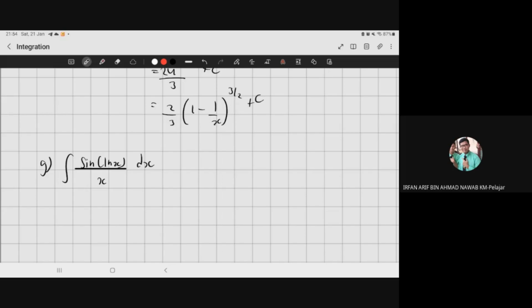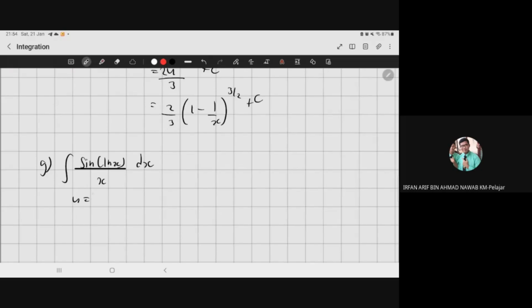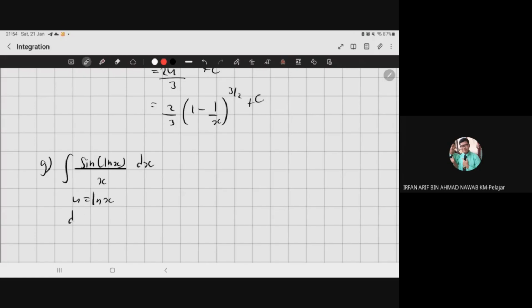All right, so let me show you. How do we solve it? You see it right away: ln of x. So when you substitute, u is equal to ln of x. Then you differentiate it, you get 1 over x dx.